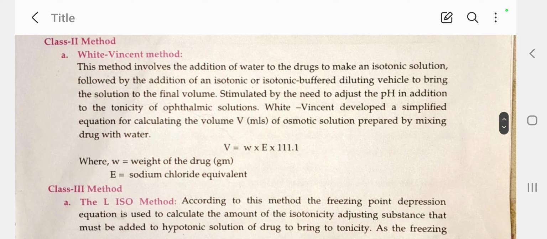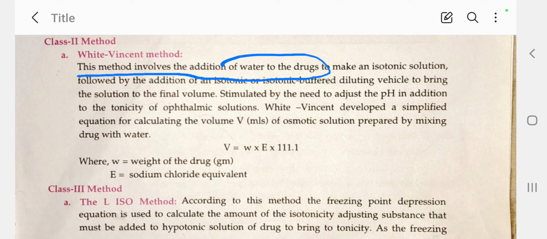By using this class 2, the White-Vincent method, we can also adjust the isotonicity or tonicity of a pharmaceutical solution or drug substance. These methods involve the addition of water.